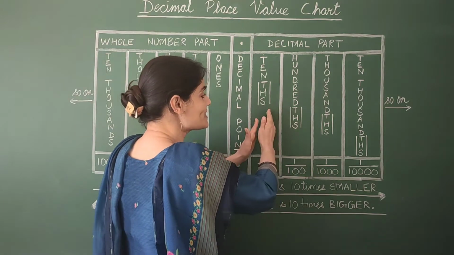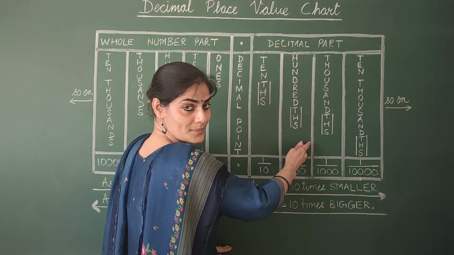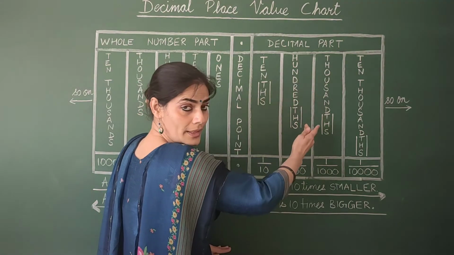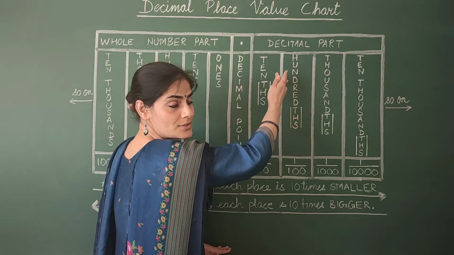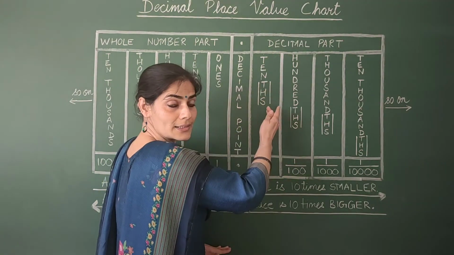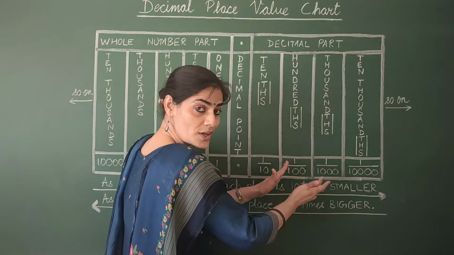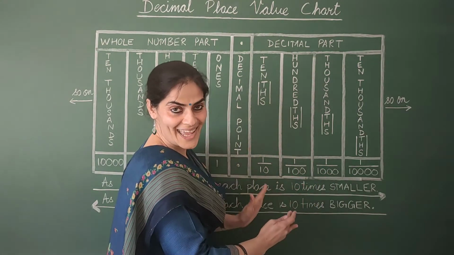Now, the next place after tenths is hundredths place. And how have we spelled it? We have written 100 and then we have added THS. Similarly, first we have written 10, then I added THS. So, now what do you observe? Again, the value got reduced by 10 times.